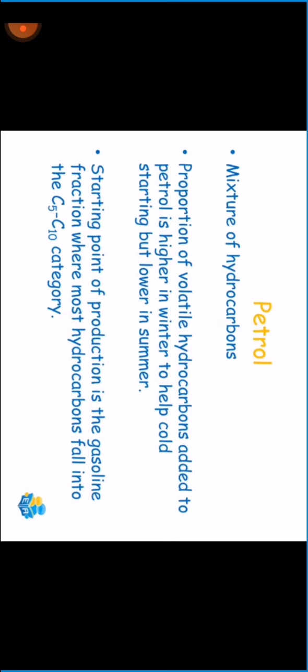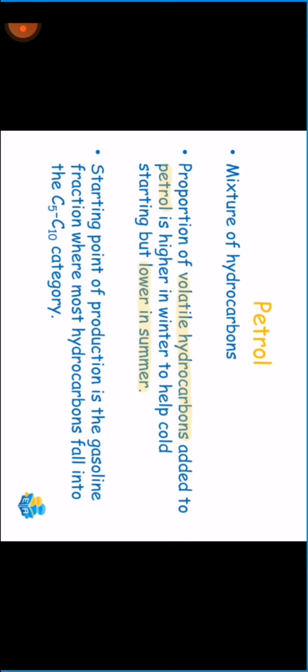If we specifically look at petroleum, petroleum is a mixture of hydrocarbons. However, petroleum is used in cars all year round, and temperature can vary quite a lot. So the proportion of volatile hydrocarbons added to petrol is higher in the winter to help cold starting, but it is lower in the summer.